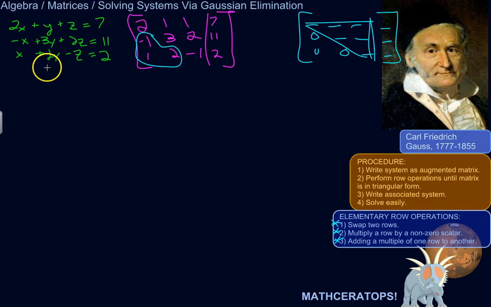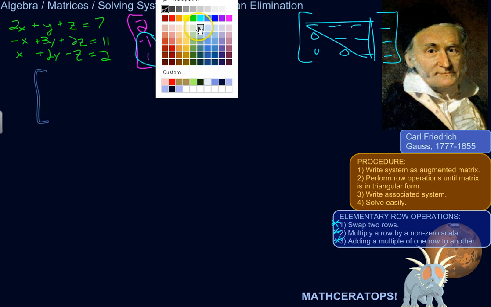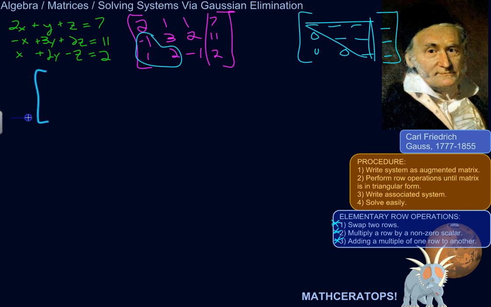Okay, actually give me some room to indicate what I've done. So row 3 is now going to be row 2 plus row 3. So we can add two rows together. That counts. Okay. So we're just changing row 3. So I'm gonna write rows 1 and 2.